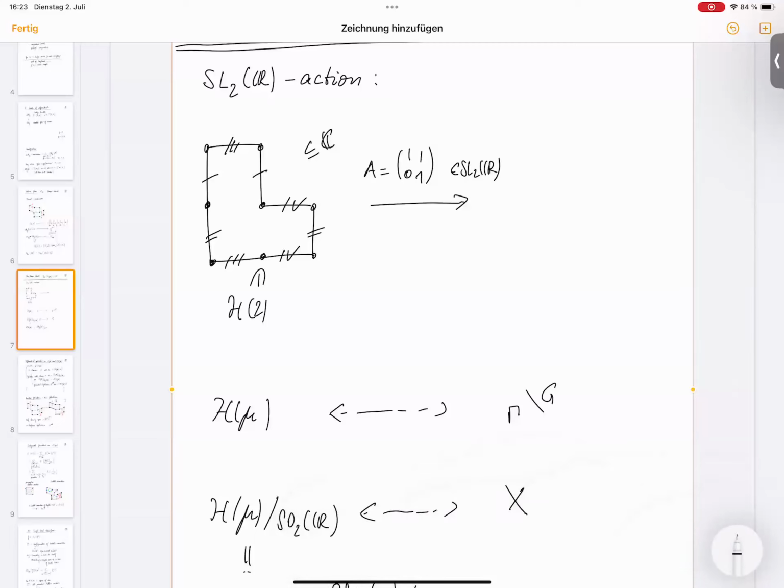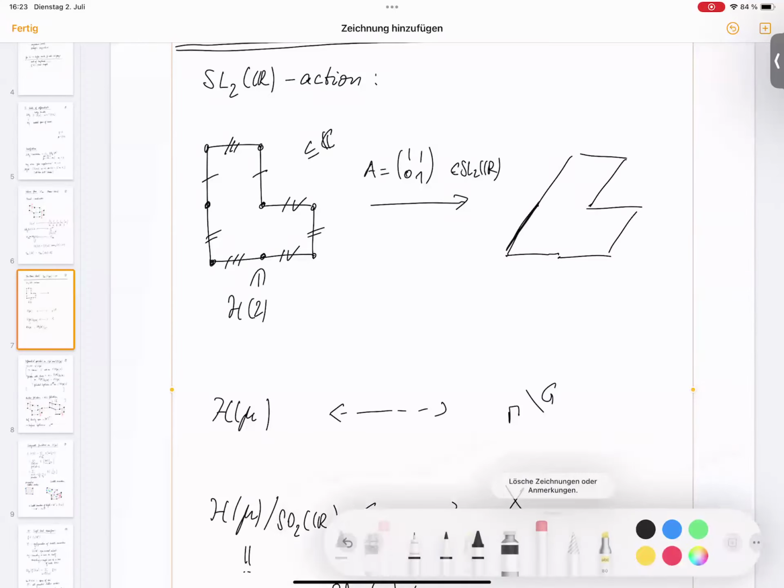What happens if I hit the left flat surface with the upper triangular matrix? Well, it gets sheared like this. This is the resulting surface.